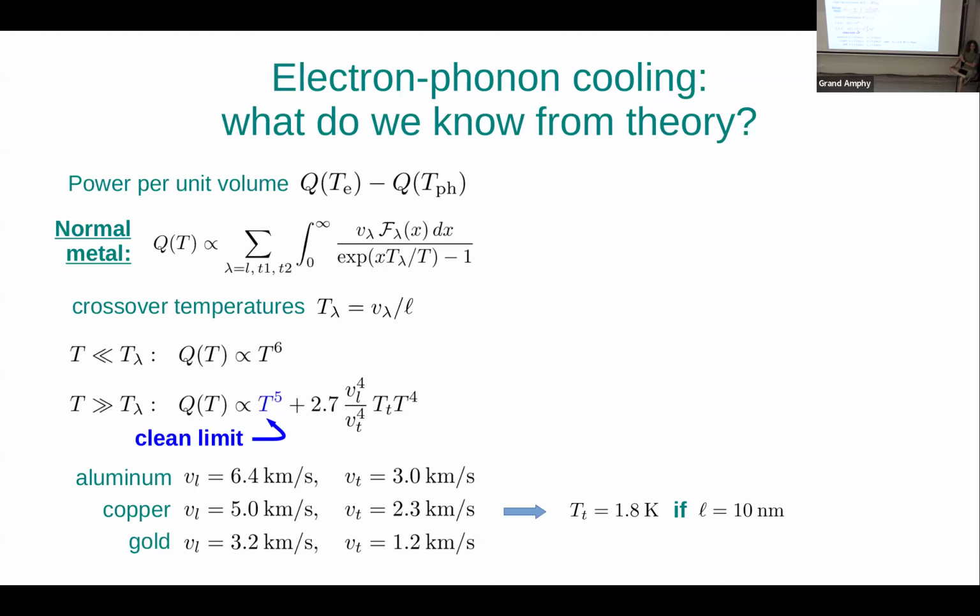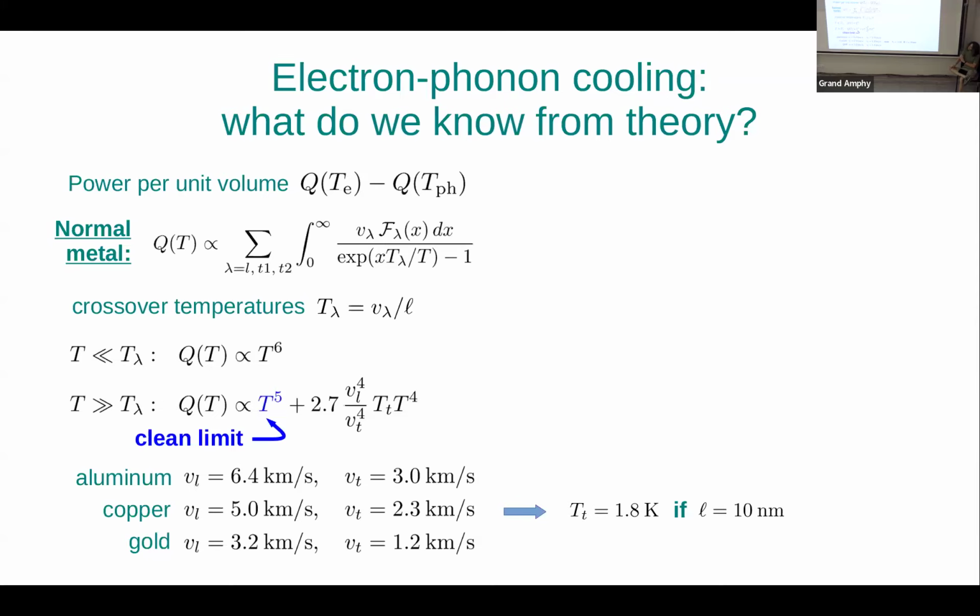Low temperature means that the phonon wavelength that is emitted in this relaxation process is larger or smaller than the electronic mean free path. So low temperature means that you have long wavelength phonons, and so then you have T to the power 6.